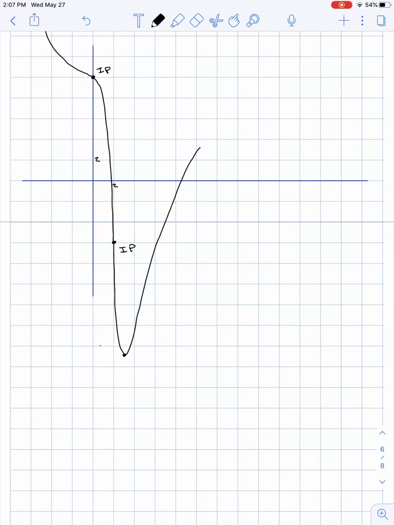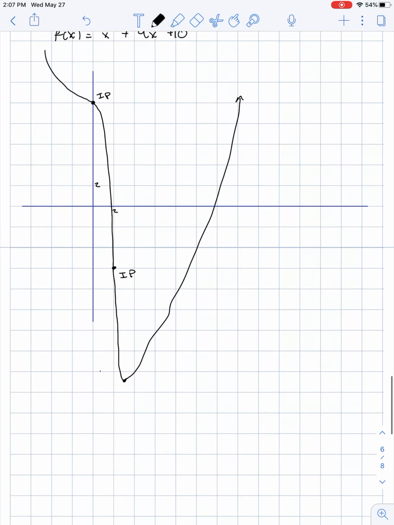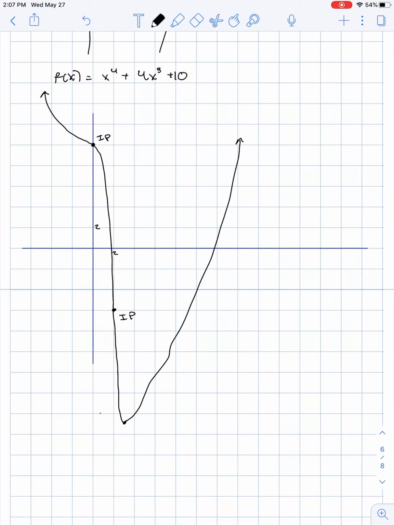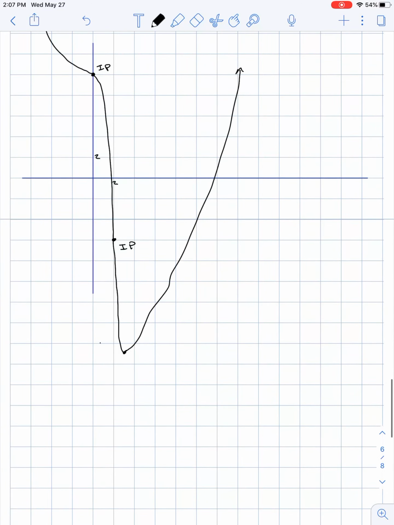Oops. Let me redraw that. All right, so I like that. Mostly a better curve. So we can kind of look now, after graphing all those things, that this is not only a local min, but it's actually an absolute min.